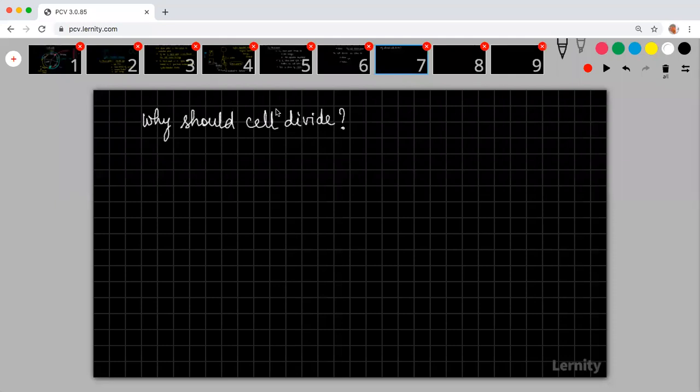I'm getting answers. Some of them have given a very perfect answer: to restore the same number of chromosomes in the offspring.